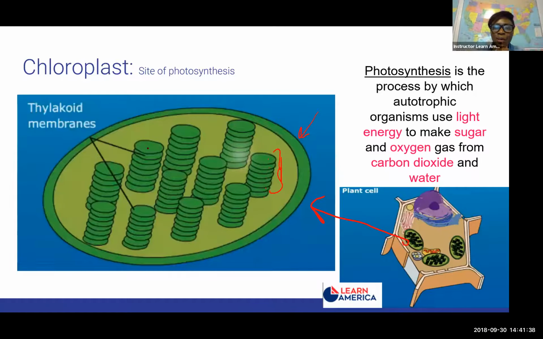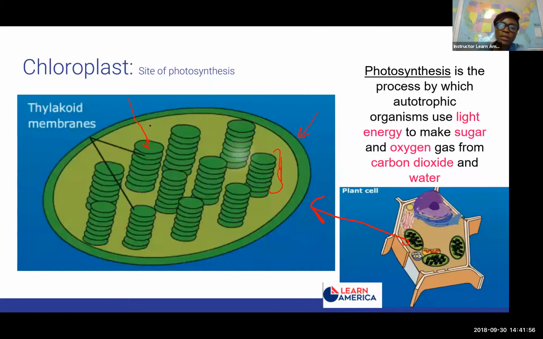Photosynthesis takes place in the chloroplast itself. What happens is the sunlight energy will get trapped in the thylakoid. Enzymes in that process will help to split the water molecule. It's called photolysis.